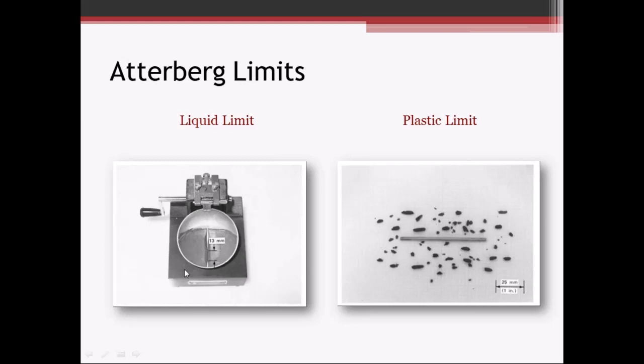The liquid limit is defined as the moisture content where the gap starts to close up at about 25 blows of that cup striking the bottom of the apparatus. The plastic limit over here is the moisture content where the sample starts to crumble at a diameter of about 1/8 of an inch.